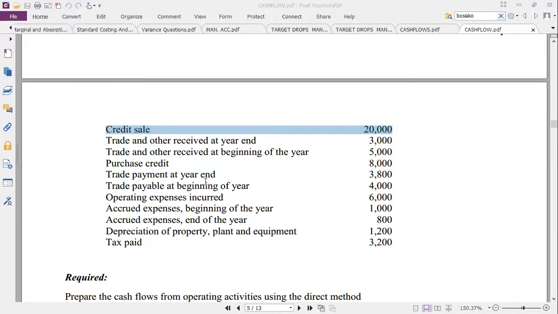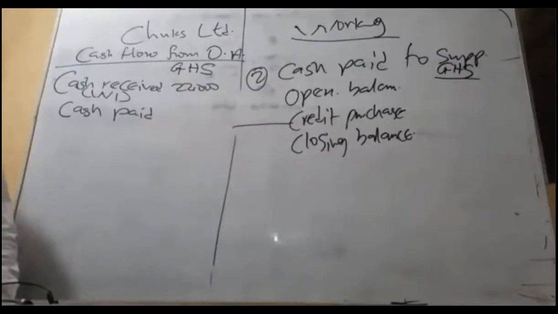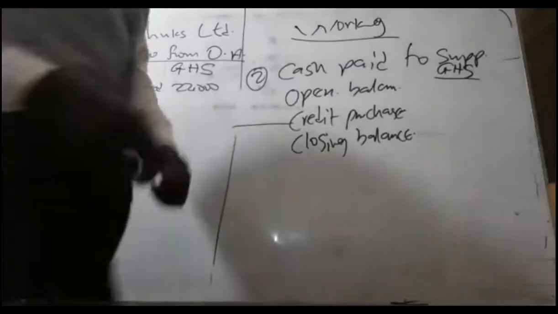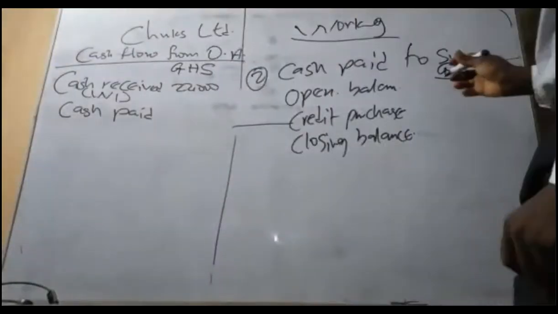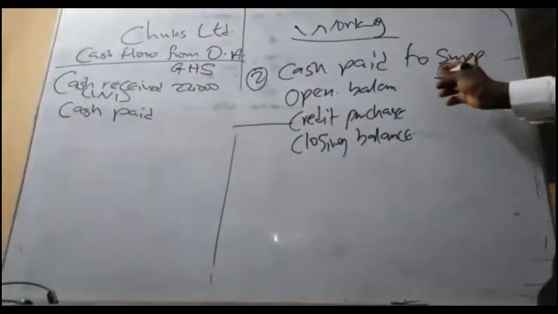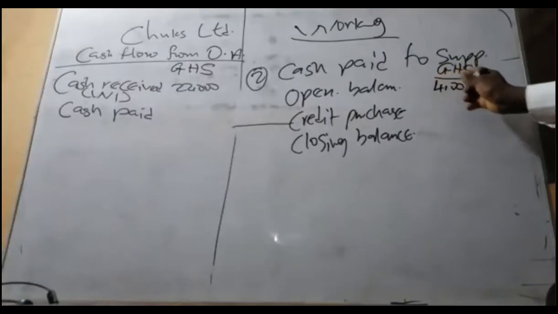Trade payables at the end, 3,800. At the beginning, 4,000. Credit purchases, 8,000. So all of them are there. The opening balance is 4,000 Ghana cedis.